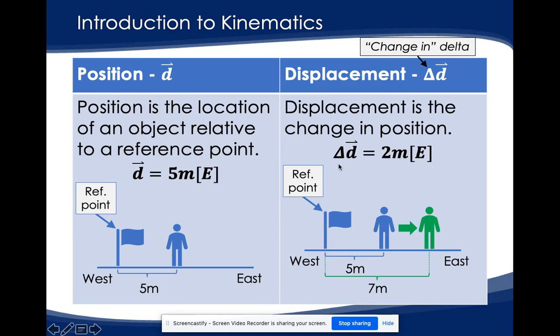So you have a change in your position of 2 meters east. We knew that this person in blue here, his original position was 5 meters east. Now he has moved an additional 2 meters to the east. So if you live 1 mile north of Walmart and that's your position, and then you drive to school, you have had a change in position, a delta D, a change in position of 5 miles east. That would be your displacement.